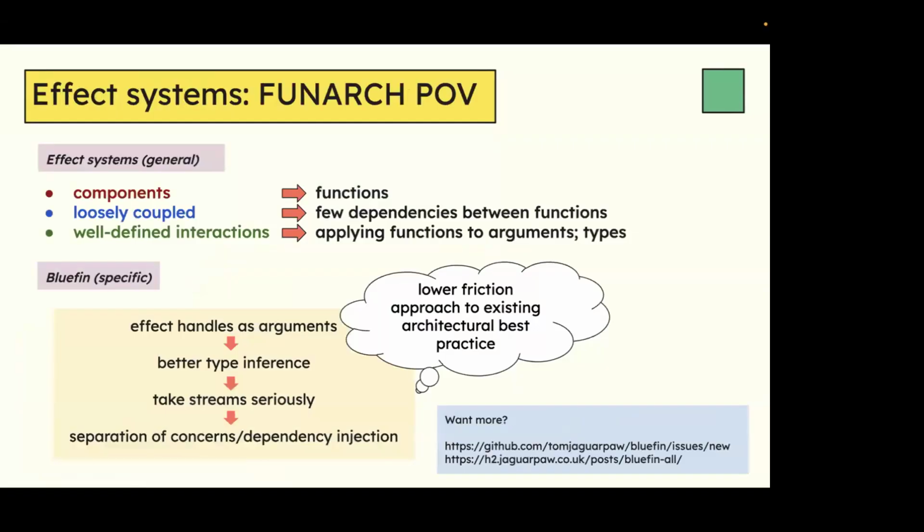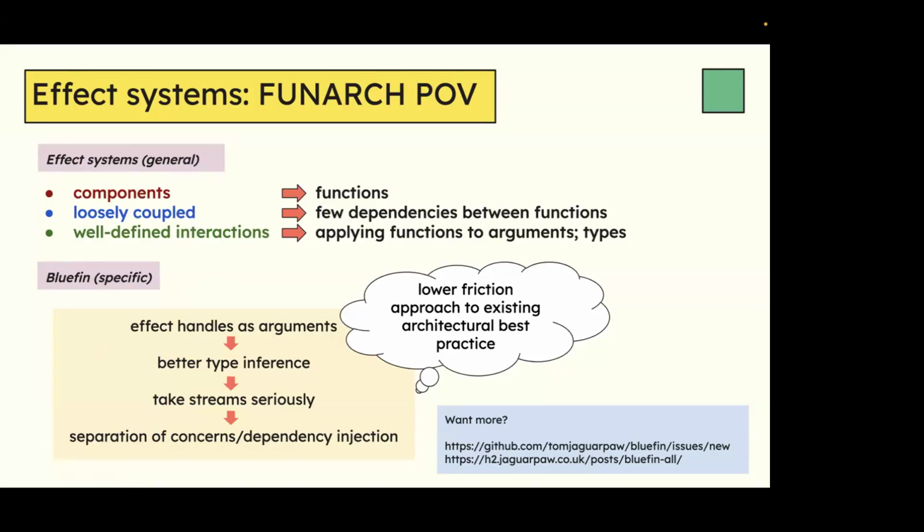So finally, to sum up, what are effect systems from a functional architecture point of view? Well, I said it's about defining your program as a collection of components, which are functions that are loosely coupled together. So there are few dependencies between those functions, and that they have well-defined interactions through applying functions to arguments. And in a typed world, these arguments can be well typed in order to rule out certain sorts of behavior.